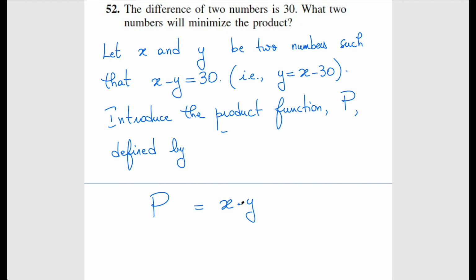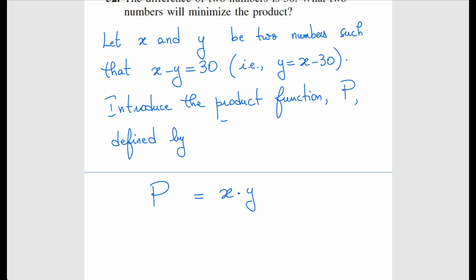That is to say, the function P is x times y, and we just made the case that y is x minus 30, right? So this becomes a function in one variable, and that variable is x, so let's write it as P of x. P of x, correct?